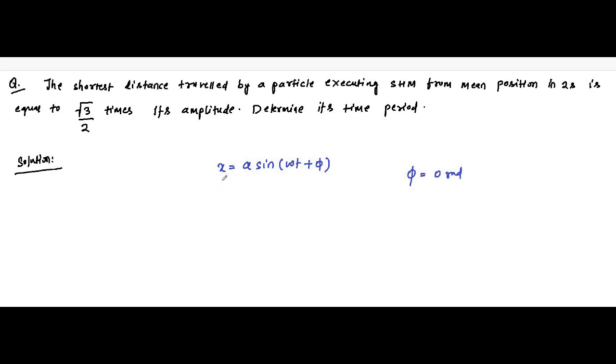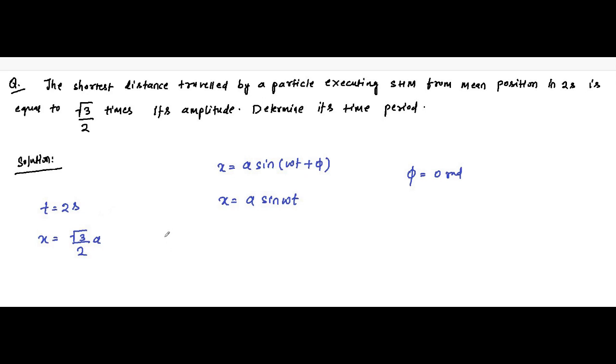Now this equation becomes x is equal to a sine omega t. Here it has been given that in 2 seconds, that is t equal to 2 seconds, the instantaneous displacement x is equal to root 3 by 2 times the amplitude, that is small a.